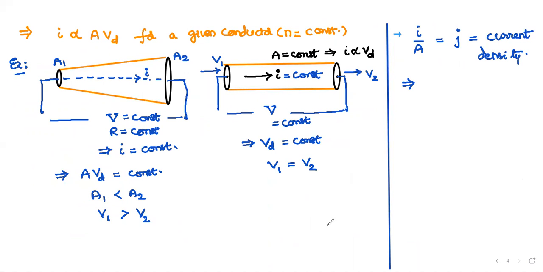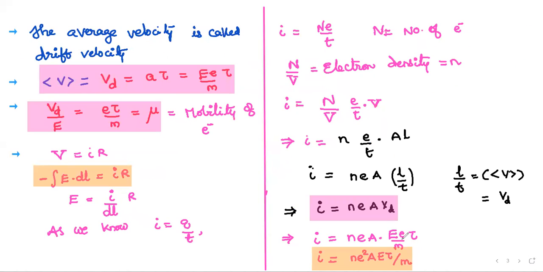That implies I by A, that is J, equals nevd. Substituting Vd equals eE by m into tau, J equals ne squared E tau by m.